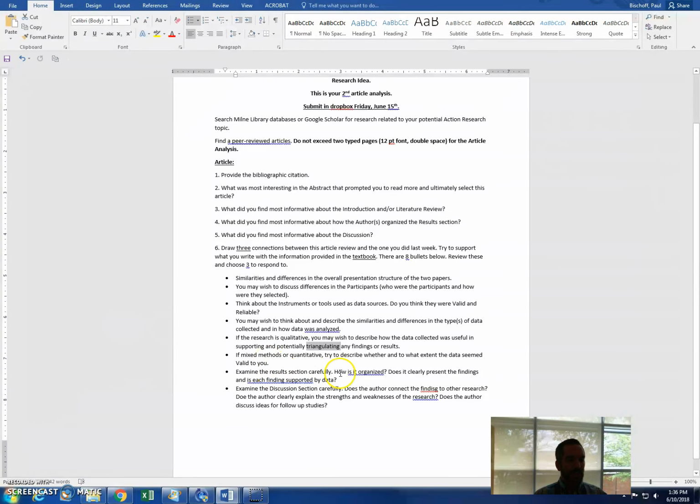Look at the results section carefully of this week's paper. Maybe you can compare it to last week's paper. How is it organized? I think you've noticed that results sections tend to present findings in very concise and very linear ways.